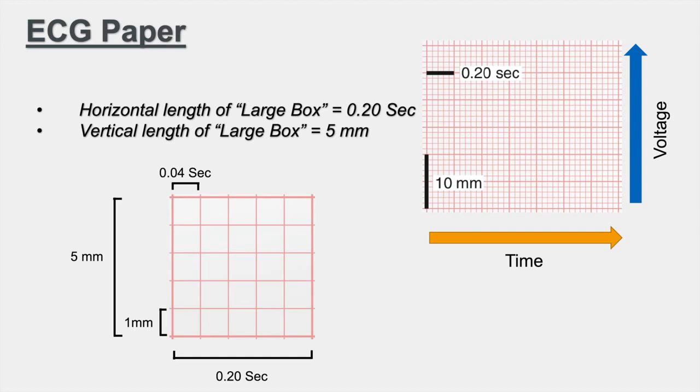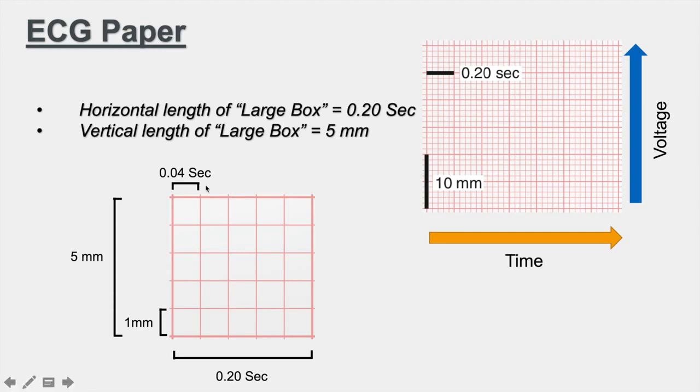And the vertical height of each of these small boxes denotes 1 millimeter. So that's very important. That'll help you a lot if you can recognize that each of the small boxes vertically denotes 1 millimeter, because we use this number a lot to calculate if there's any left ventricular hypertrophy or left atrial enlargement, those types of things. So it's very important to know that.